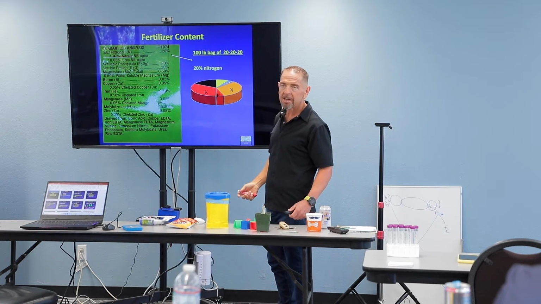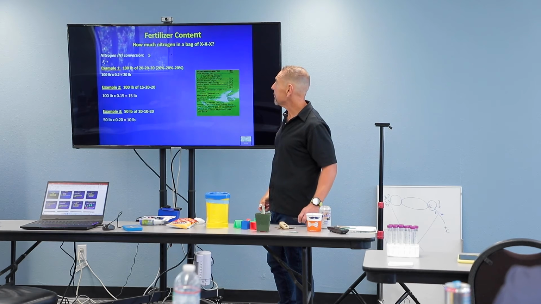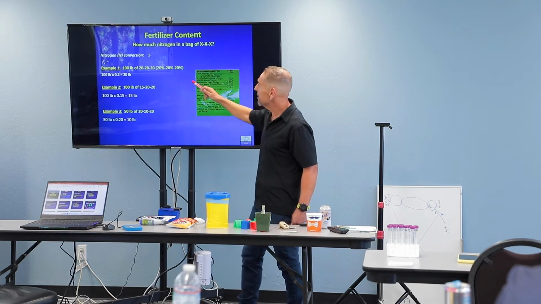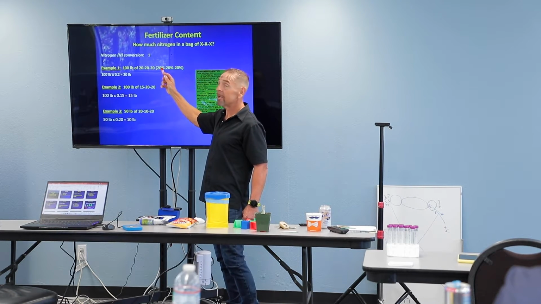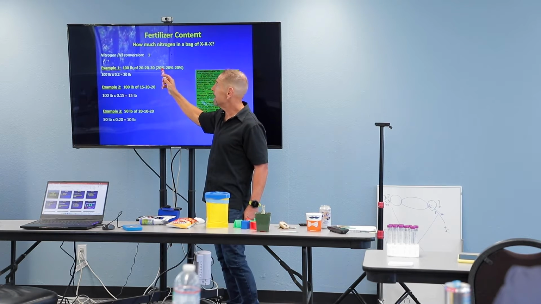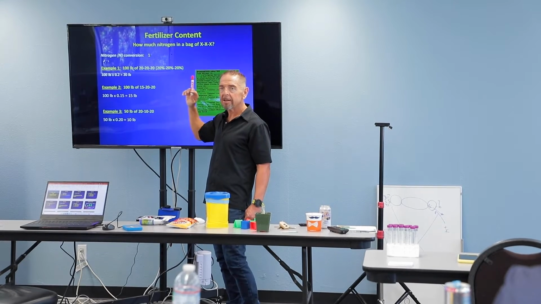So how do we calculate how much nitrogen we're getting when we add a pound of this fertilizer? So here's an example. So how much nitrogen is in the bag? You have a 100-pound bag of 20, 20, 20. That means 20% nitrogen, right? So we're looking at the first number only. And that's an actual amount. So when they say nitrogen, they mean it's nitrogen.